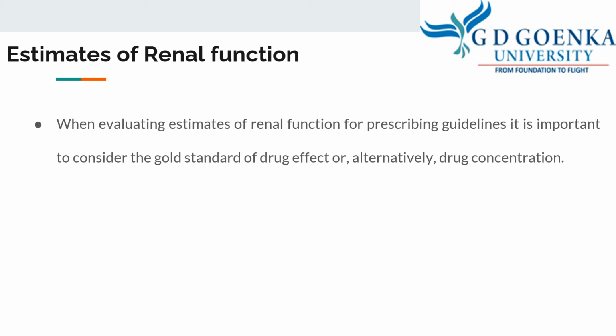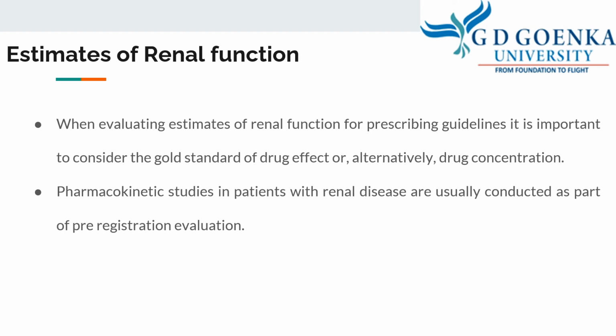When evaluating estimates of renal function for prescribing guidelines, it is important to consider the gold standard of drug effect, or alternatively, the drug concentration. Pharmacokinetic studies in patients with renal disease are usually conducted as a part of pre-registration evaluation.